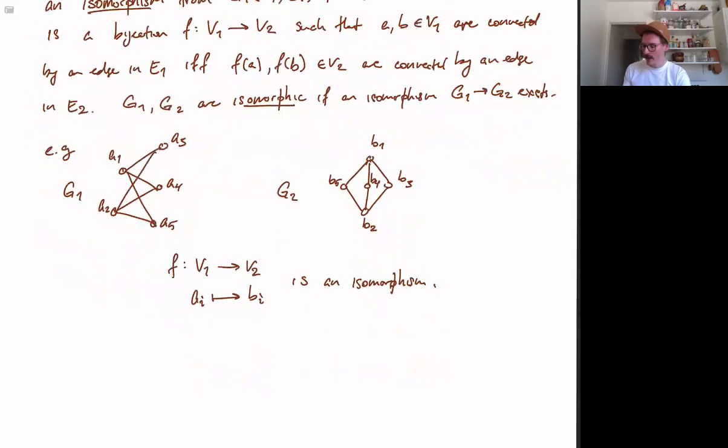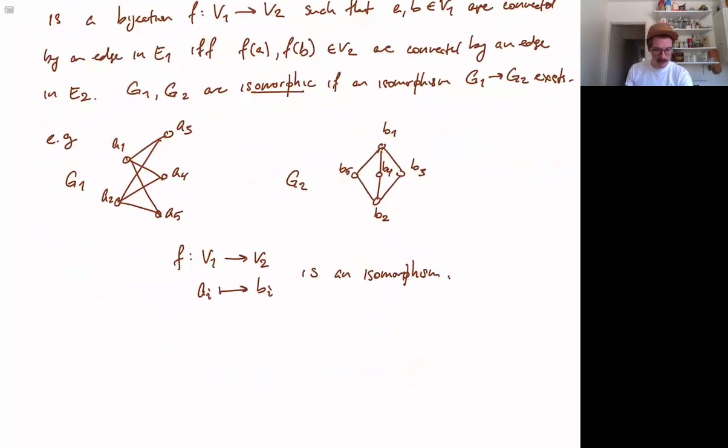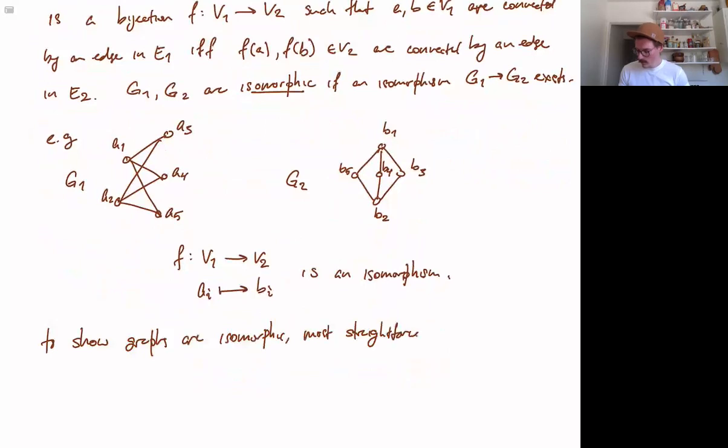So how do we tell if graphs are isomorphic or not? To show that some graphs are isomorphic, the most straightforward way is to write down an isomorphism between them.